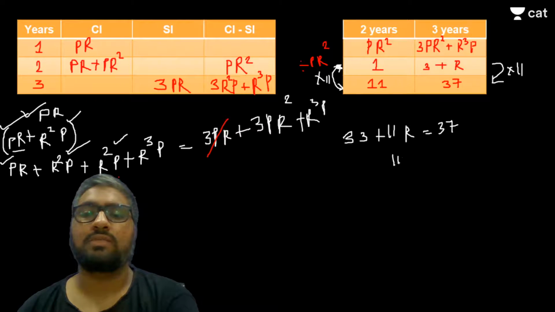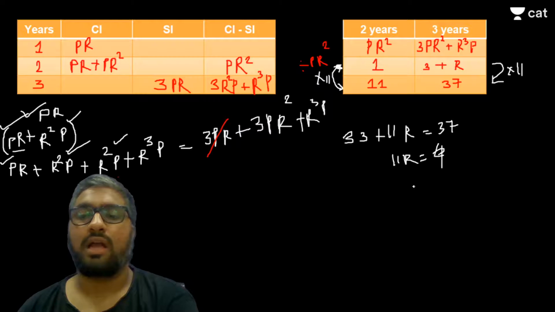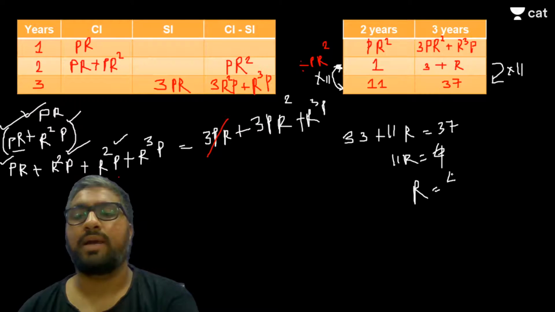Or in other terms, 11R is 4, and we all know that R is 4 by 11.